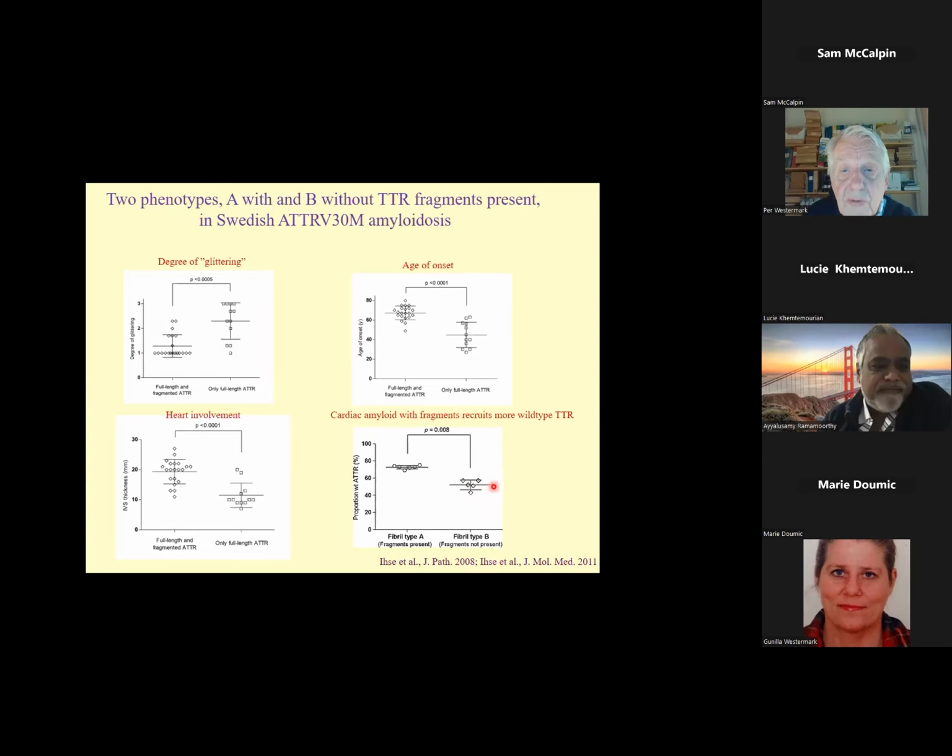And that is true for the B patients, who do not get this progressive disease. But as you can see, in patients with type A amyloidosis, the amyloid consists mainly of wild type TTR, for some reason that is not fully understood.